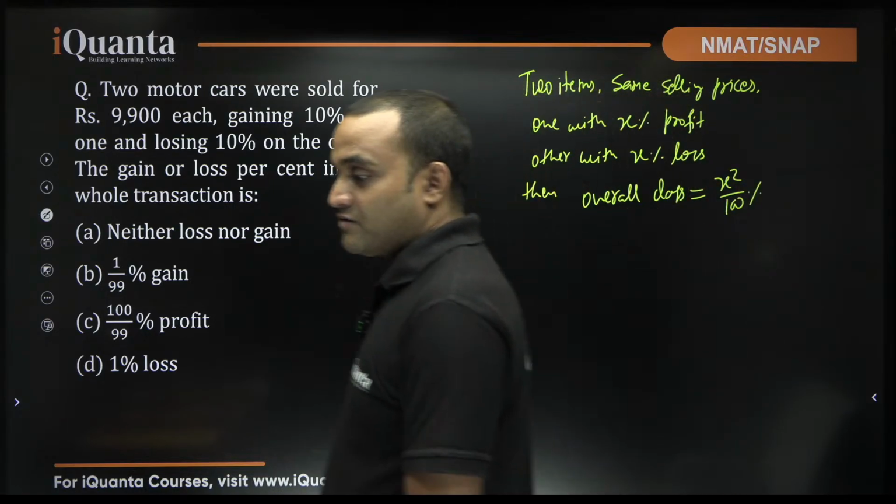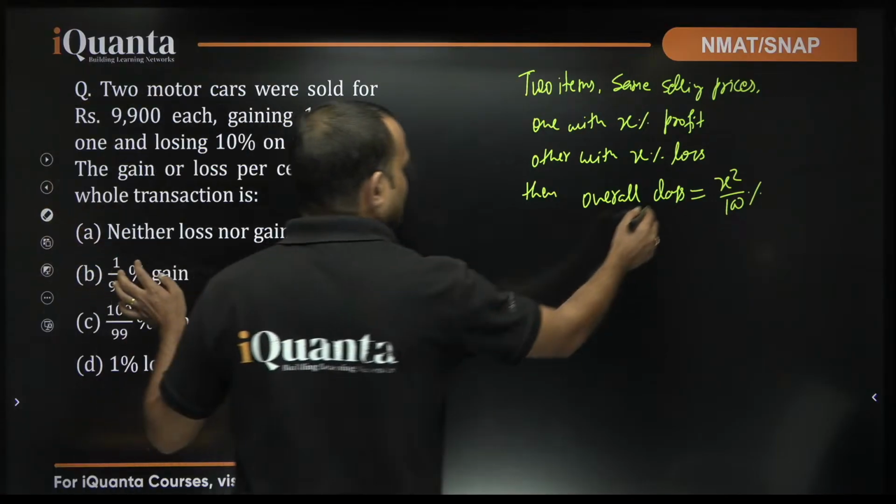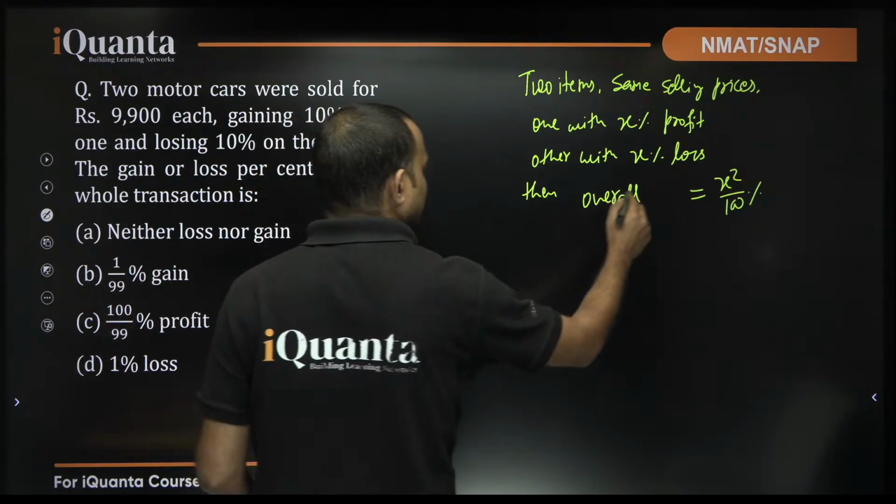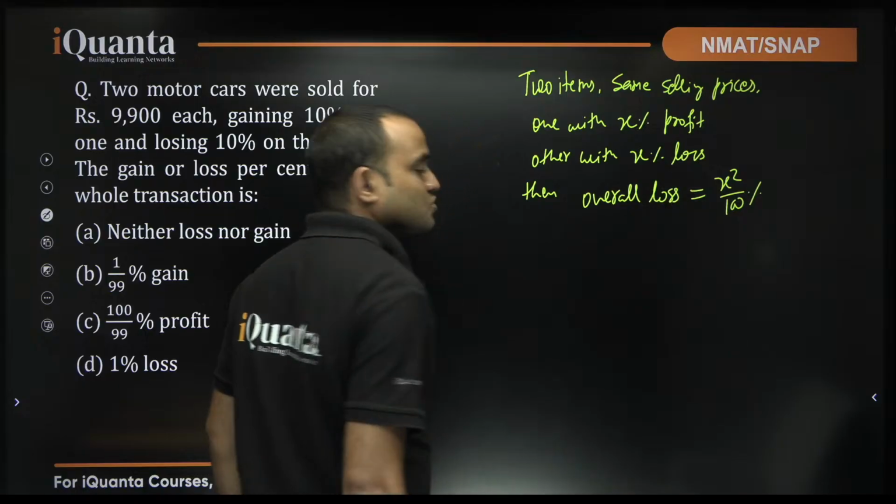There will be an overall loss and that loss will be equivalent to X square by 100%.